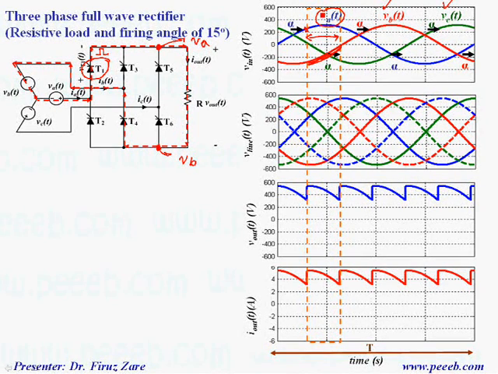So here we can see that phase A over this time minus phase B over this time creates the output voltage, which is basically this voltage.